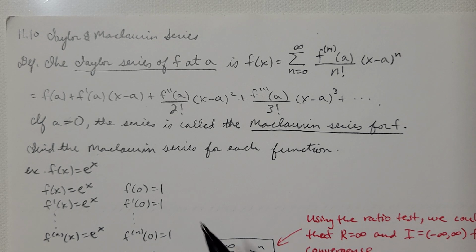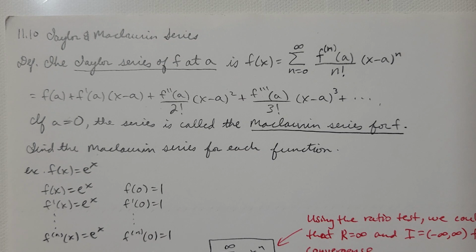If a is 0, which will happen actually for a lot of these problems, the series is called the Maclaurin series for f. Some calculus books will call this section just the Taylor series, since the Maclaurin series is one special case of the Taylor series when you're centering a series at 0.